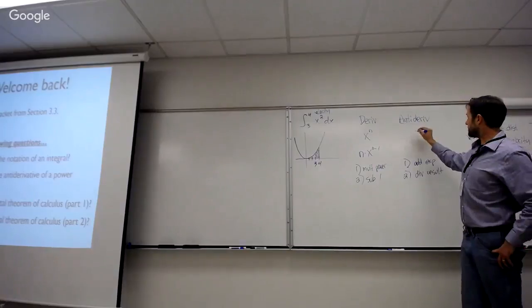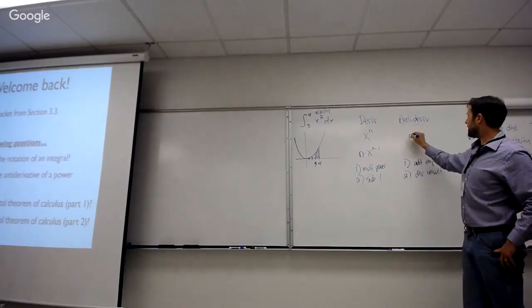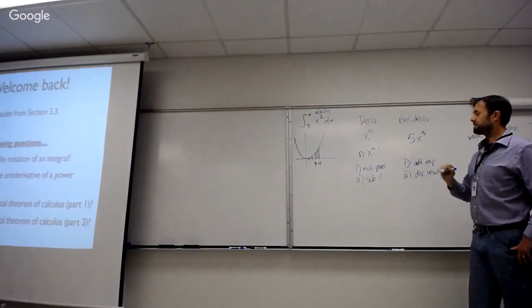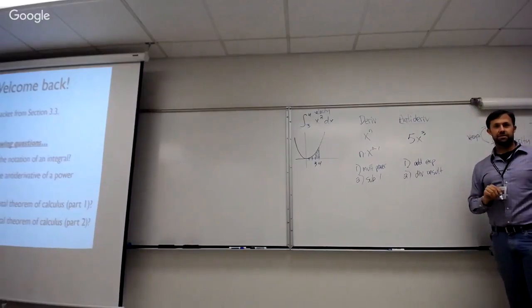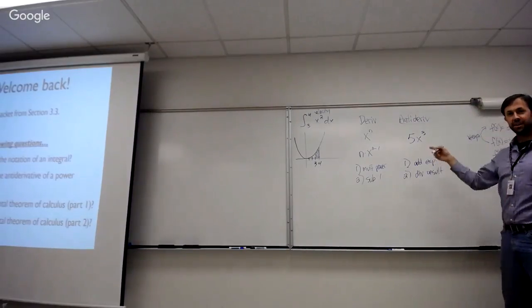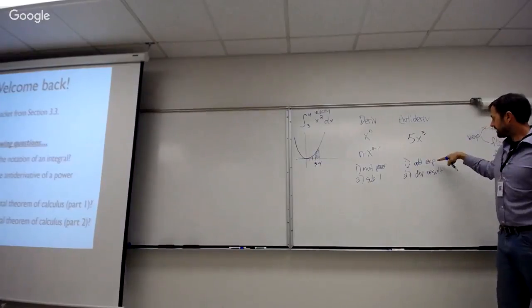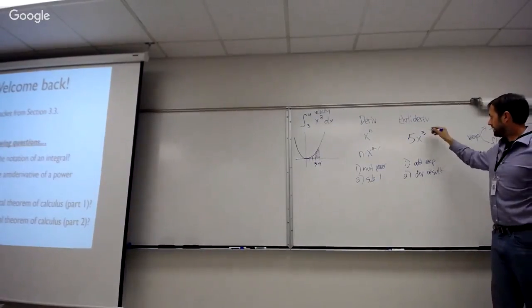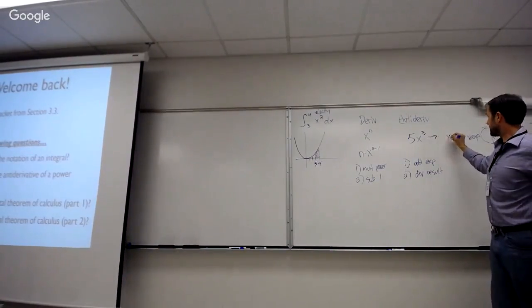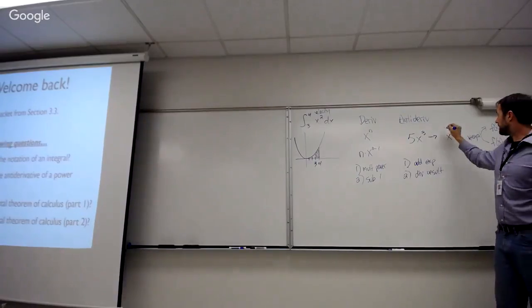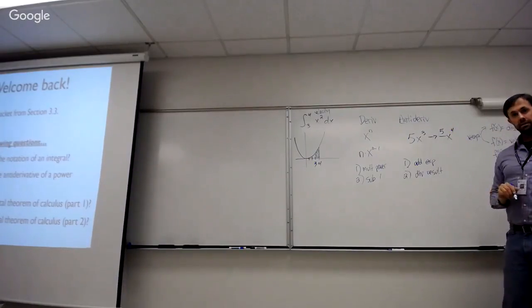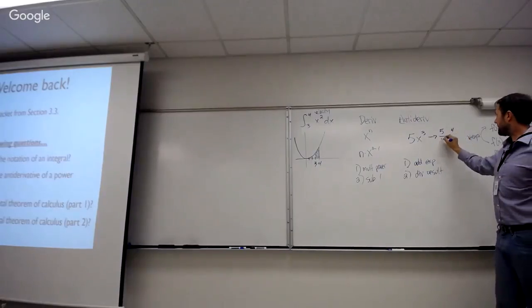So here's my antiderivative of, let's say we did 5x to the 3rd. So how would I do that antiderivative? Anna, welcome back. Go ahead. How would I do it? You're going to add 1 to the exponent, so I'm going to add 1 to make it 4, and then? Divide by that 4.